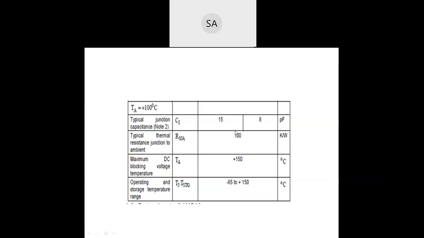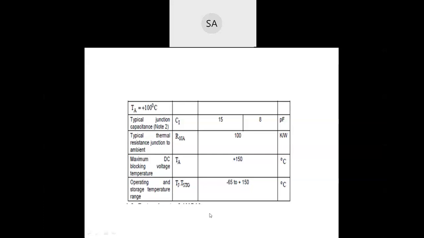The maximum DC blocking voltage temperature is plus 150 degrees centigrade, and the operating and storage temperature range, TJ to TSTG, is minus 65 to plus 150 degrees centigrade for the IN400X series. The maximum ratings are at TA equal to plus 25 degrees centigrade unless otherwise specified.